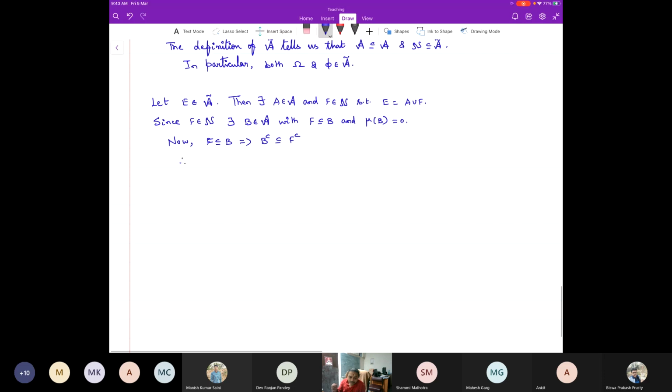Therefore, F complement is B complement union F complement minus B complement, which can also be written as B complement union F complement intersection with B. So now, what can you say about this set?